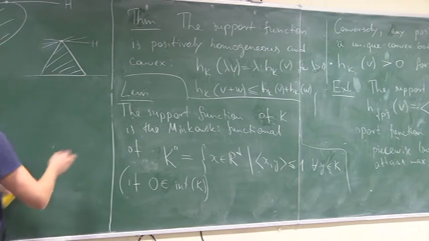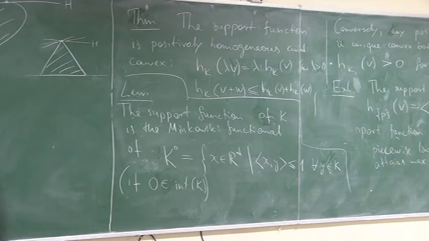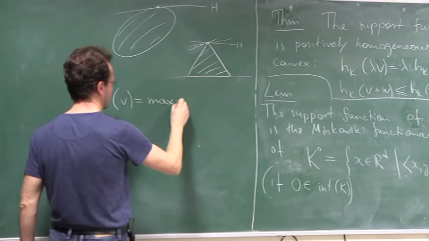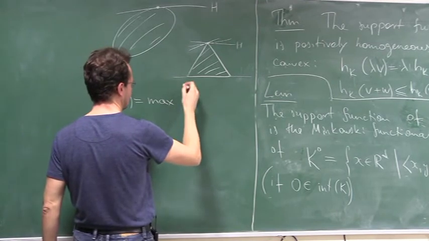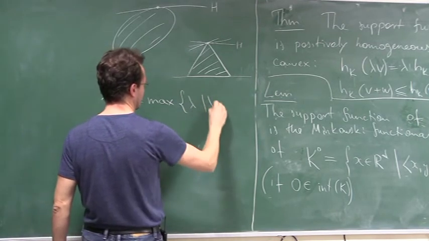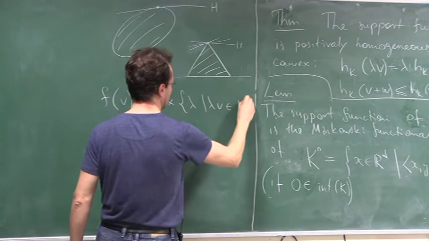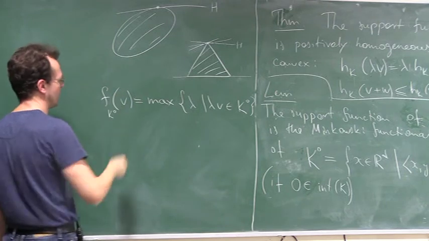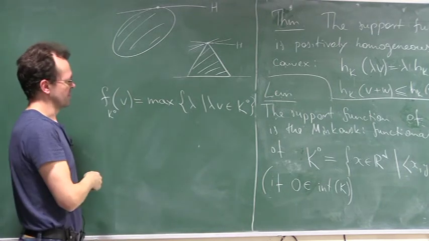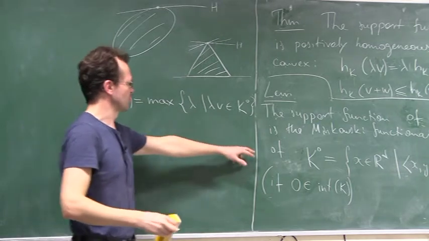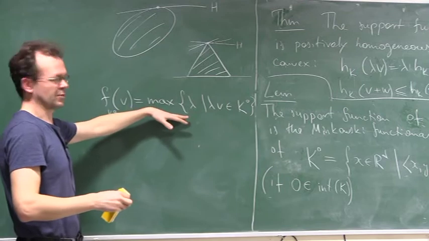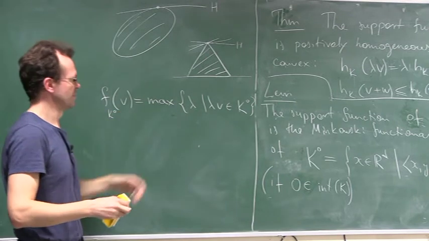The Minkowski functional, you know, f(v) is equal to the maximum value of lambda such that lambda v belongs to, in this case, K°. It is defined like that, and it requires some work to prove this lemma. So the support function of K is actually this functional of the dual body.